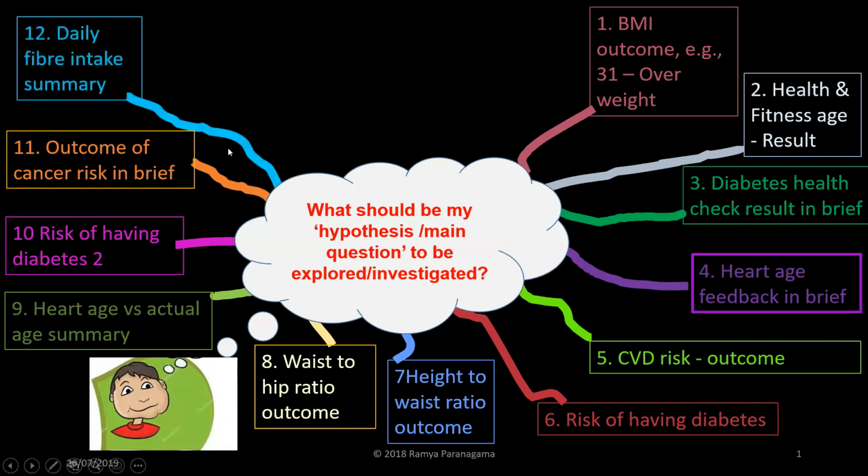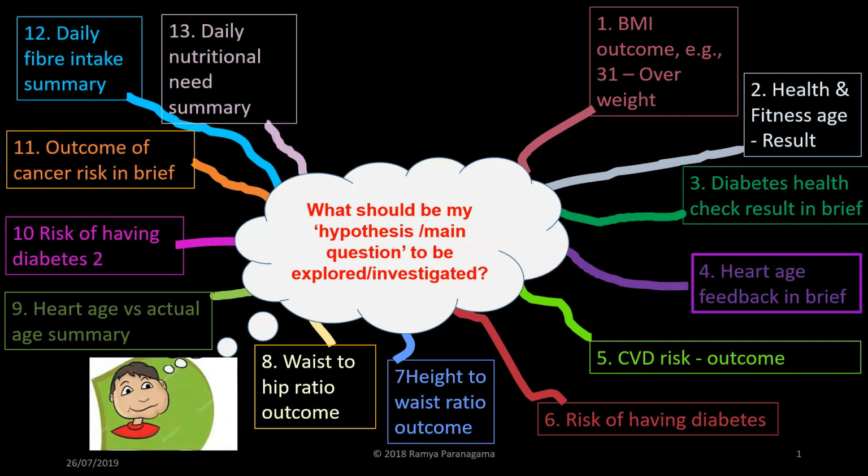Number 12, daily fiber intake. A lot of people have issues with daily fiber intake. Sometimes the result says fiber intake is not enough. As a result, you experience constipation, irritable bowel kinds of diseases.